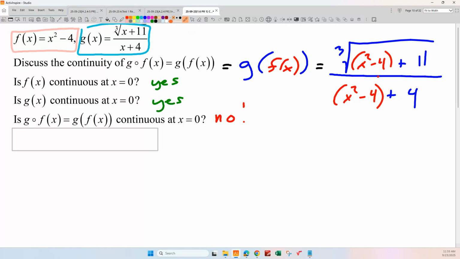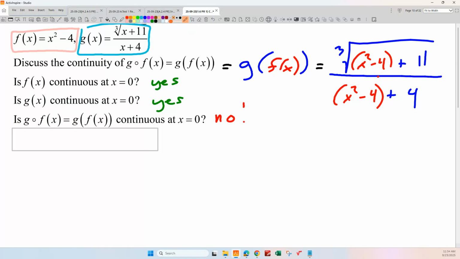Now explain to me, what did we just learn? Just because two functions are both continuous doesn't mean they're going to be continuous when you shove them together, when I make a composition of those. Remember how we deal with functions: functions are just blind eating machines. We feed them input values and they spit out output values. Where is the blind eating machine g getting its input food from? In this case, f of x.